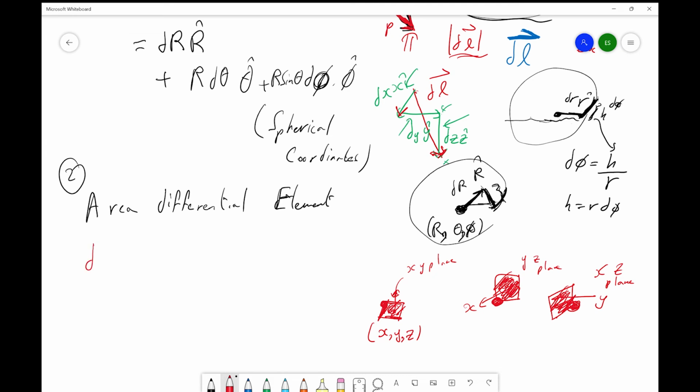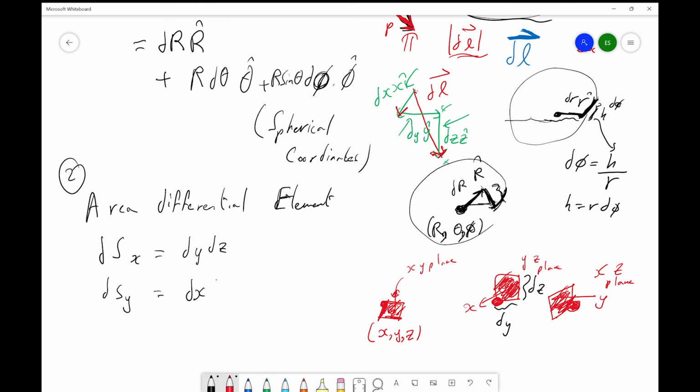So we can designate those as dsx. So dsx is where the face of the surface is pointing in the x direction, the same as the x-axis. We write this as dy dz. This would be the differential element. dsy, because this is dy and this is dz, is where the face of the area is pointing in the same direction as the y-axis.